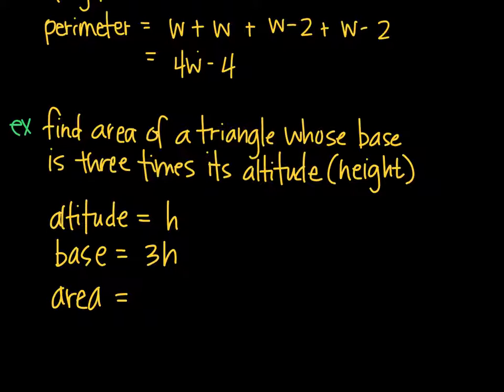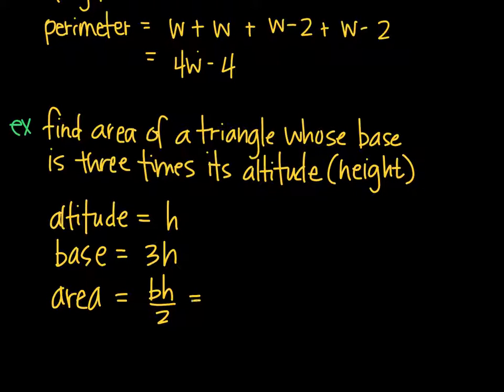All right, who remembers how to find the area of a rectangle? I know geometry has been a long time since you've done that, but anybody remember? Say it again. Base times height, that's going to be for a rectangle, and then half of base times height for a triangle, right? So it's base times height divided by 2.